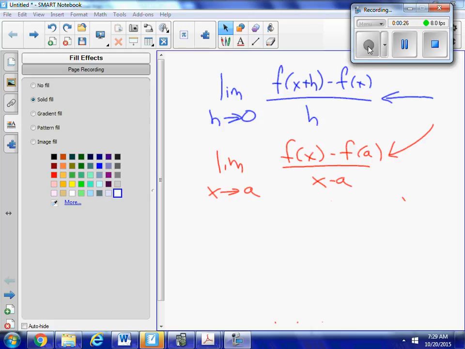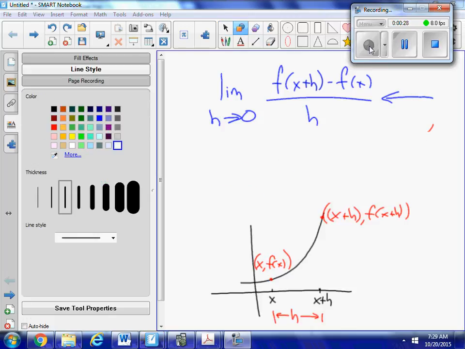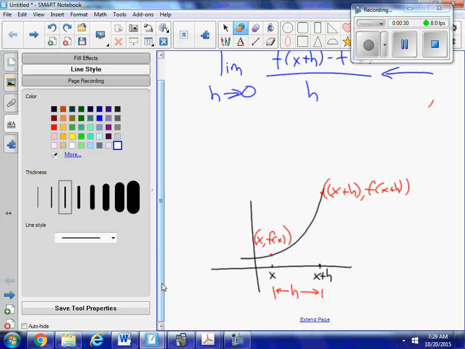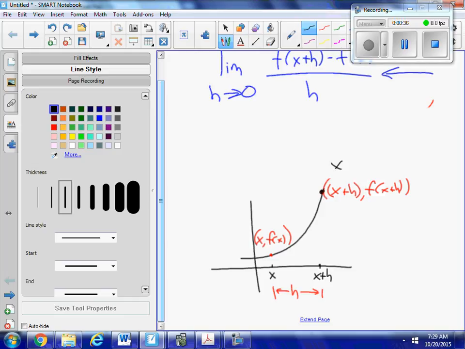x divided by h. If I set it up graphically like this, I can see that this is my point x2, y2, and this is my point x1, y1, based on this being x1 and this being the same thing as x sub 2.